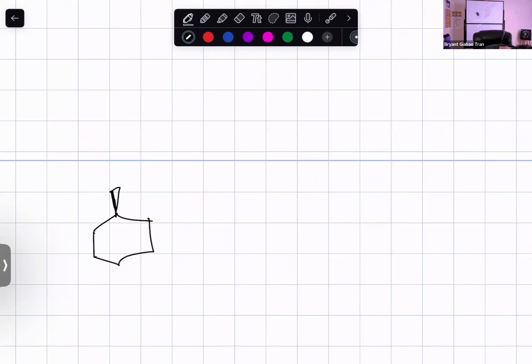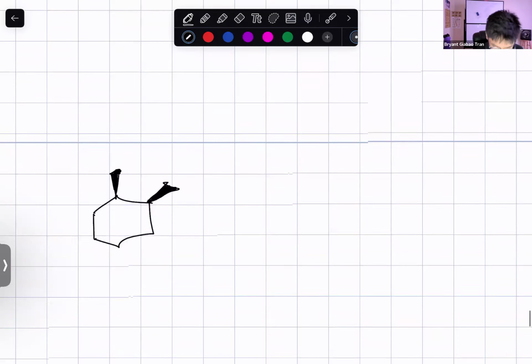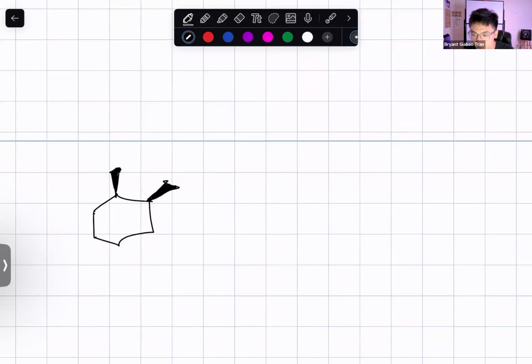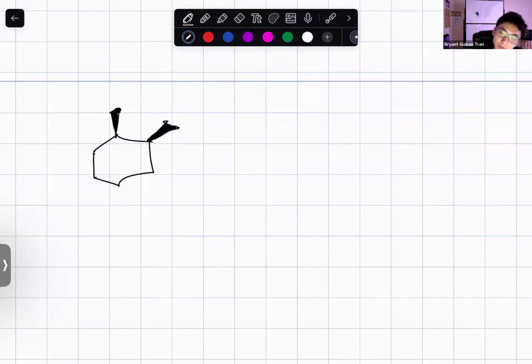Let's start with this molecule here. How many chiral centers would this molecule have? Yes, 2 chiral centers. Is there a plane of symmetry in this molecule?